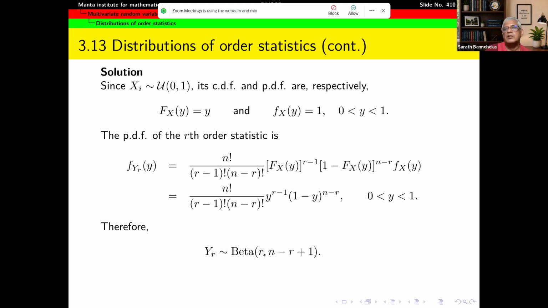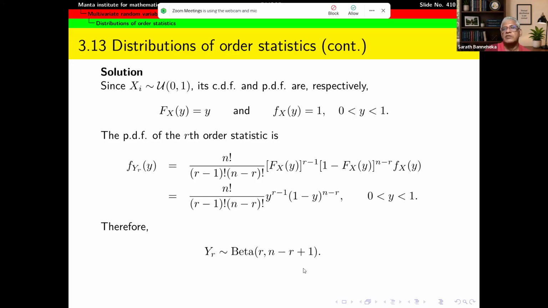According to this theorem, it should also be a beta distribution with r equal to 3 and n minus 3 plus 1, that is n minus 2. So we could have checked that by drawing the actual beta distribution on top of that.